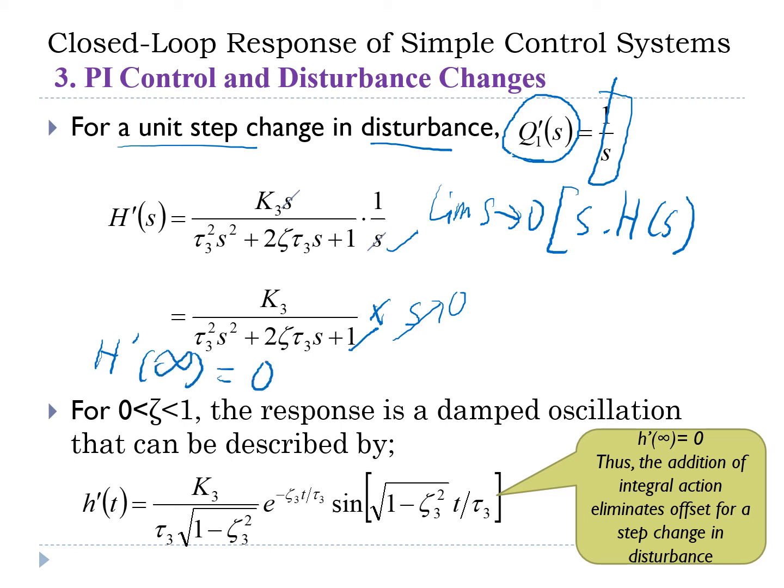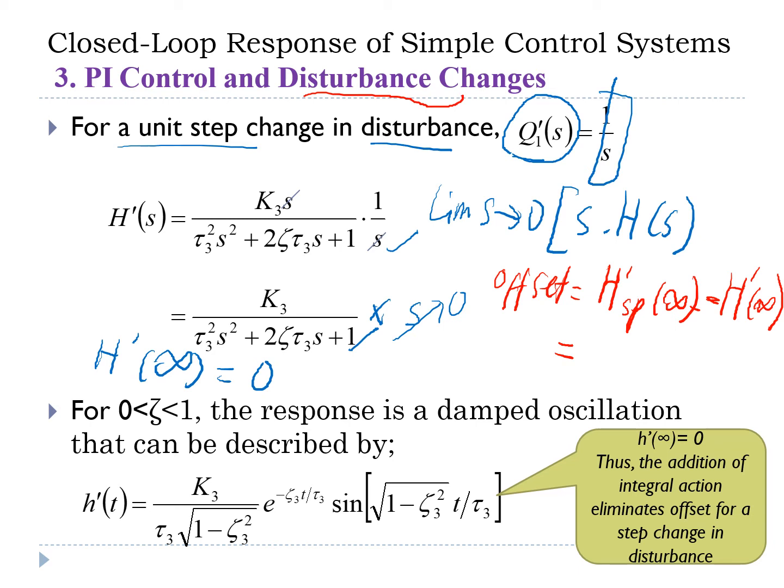So you multiply by S and then substituting S with 0, you get your final value equal to 0. If you calculate the offset, where the offset equals H set point minus H infinity or final value. And you know that for disturbance change for regulator problem, the set point is 0. And the final value we calculated just now using final value theorem equals 0. So now your offset will be equal to 0, which indicates that the addition of integral control mode will eliminate the offset.